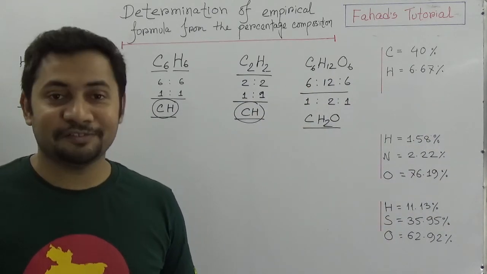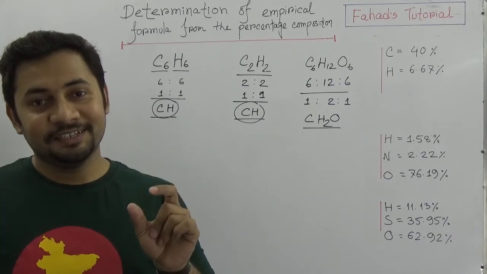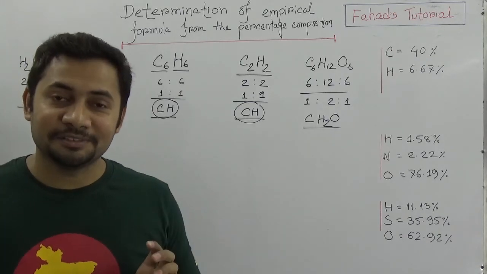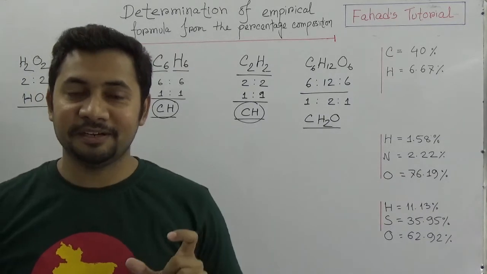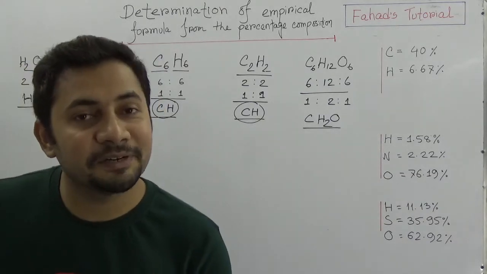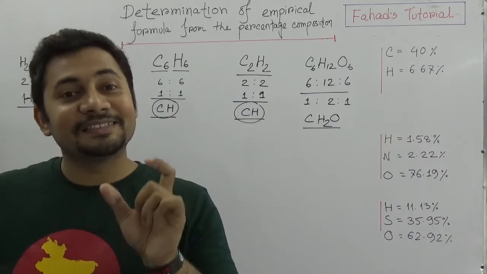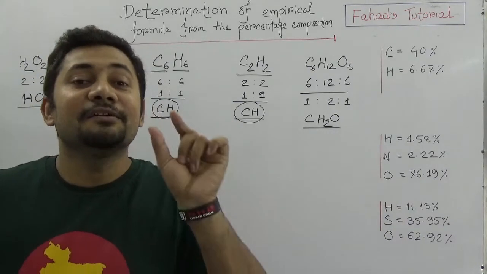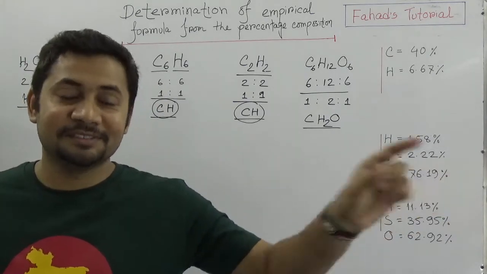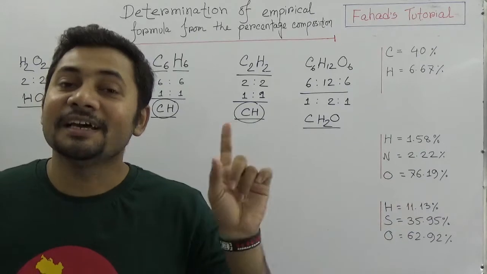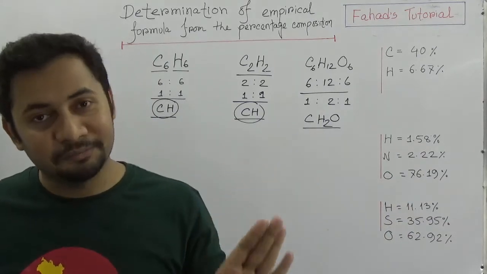But the molecular formula is always fixed for different compounds. So I hope you have the definition of the empirical formula. The empirical formula shows the ratio of the number of atoms of elements in a molecule or in a compound.